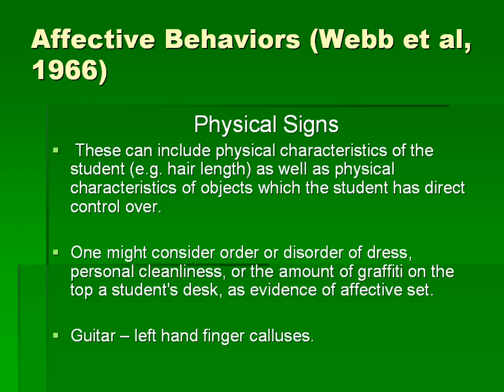They can include things like the physical characteristics of a student, like the hair length, as well as the characteristics of objects which the student has direct control over. So one might consider the way one dresses, and you could see that, I think, pretty clearly with high school students. They dress in a particular way, and it seems to me they're showing their belonging to a social group, and often that allegiance to a social group is an indicator of whether they listen to a certain kind of music, or they're interested in certain issues.